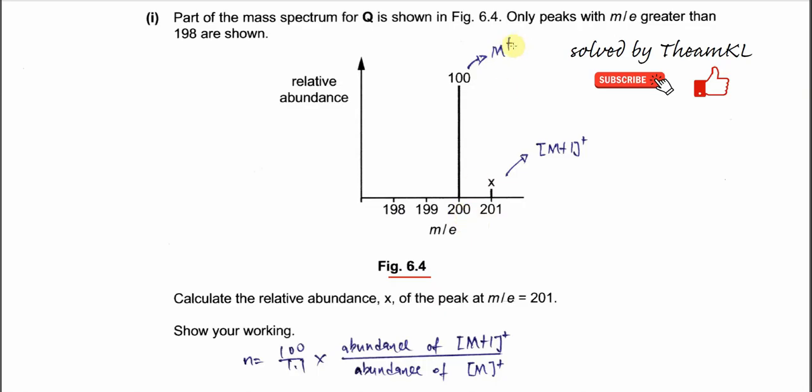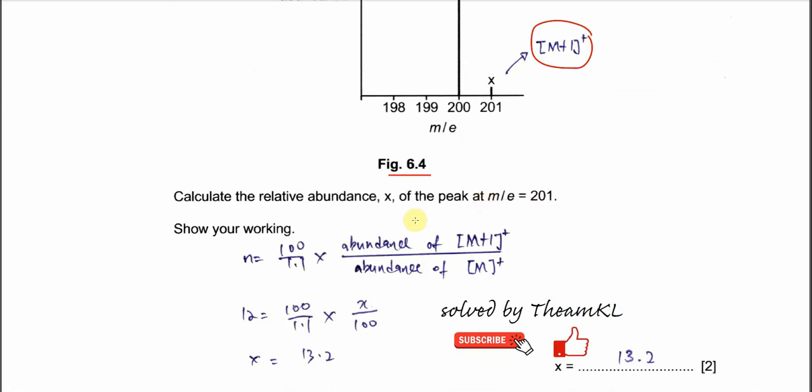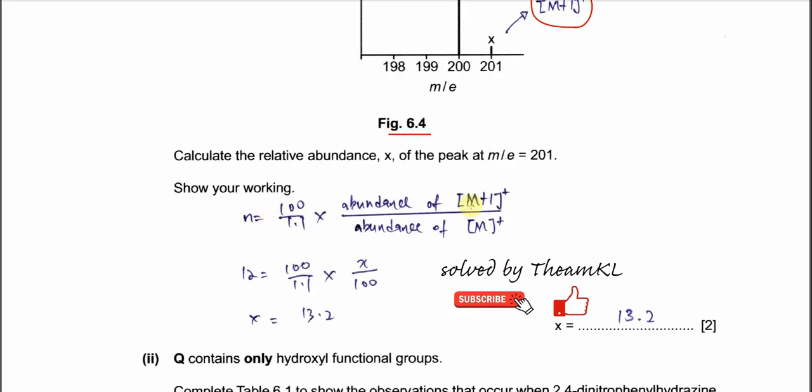The 200 is the M positive molecular ion, and 201 is just an extra 1 mass unit to this 200, which means this is M plus 1. So we need to use this equation for the relation between M and M plus 1. This one you must remember.